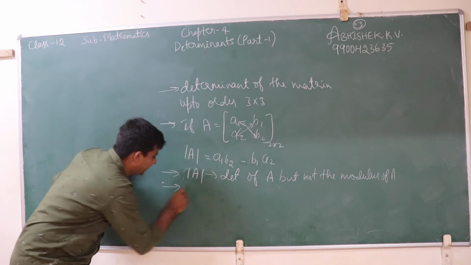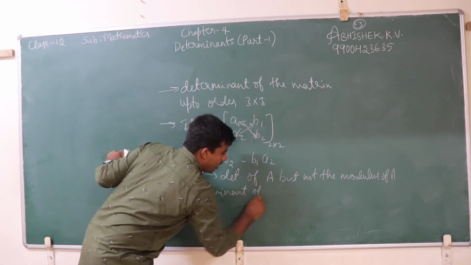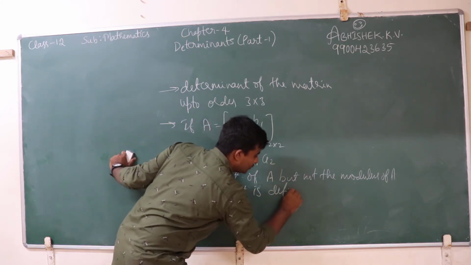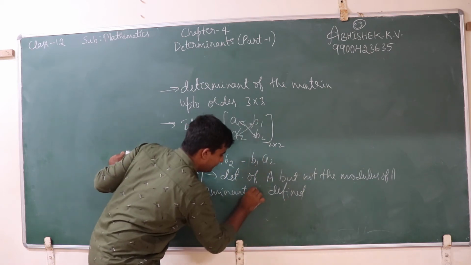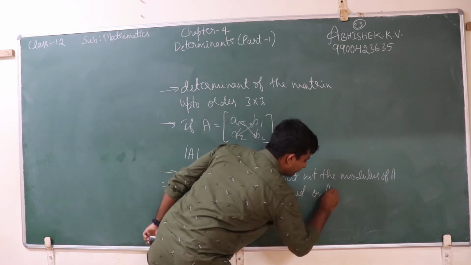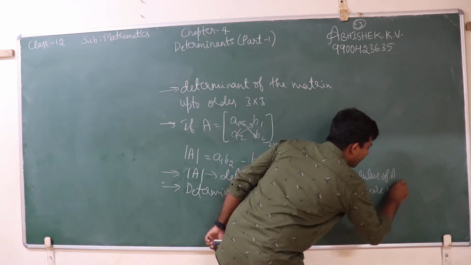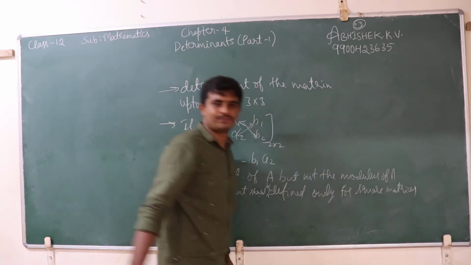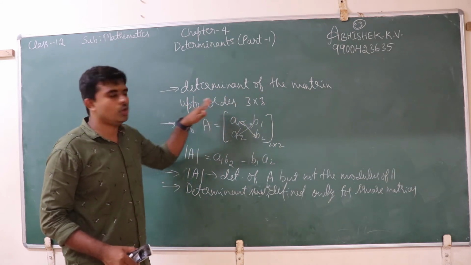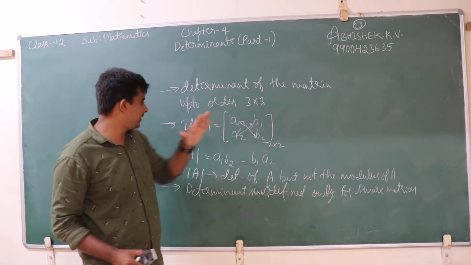And here we should note that determinant should be defined only for square matrices. We are going to determine the determinant of the given matrix only up to 3 by 3.